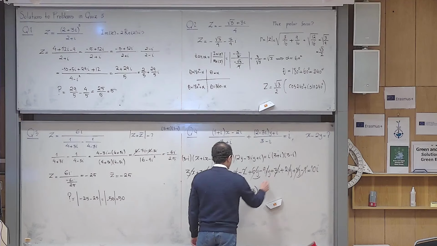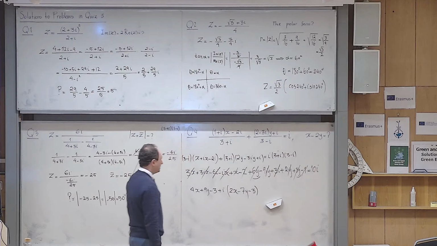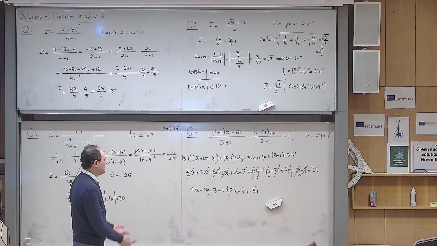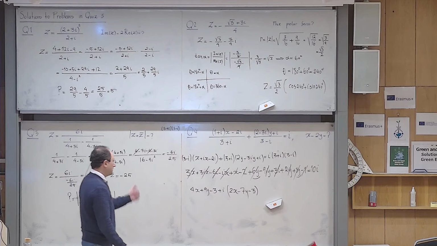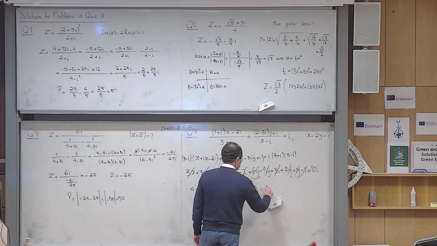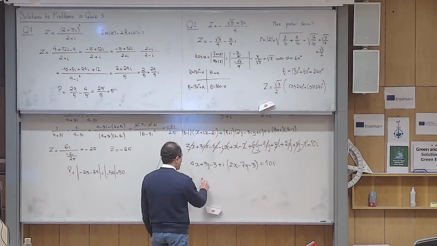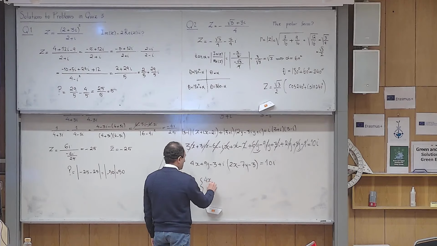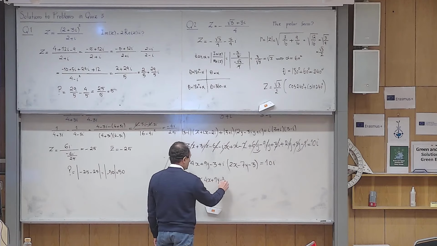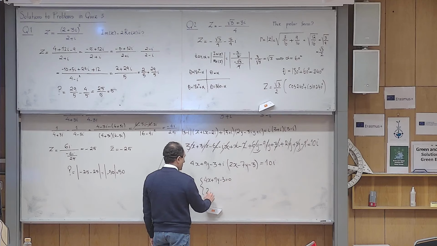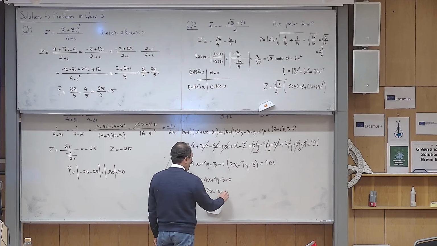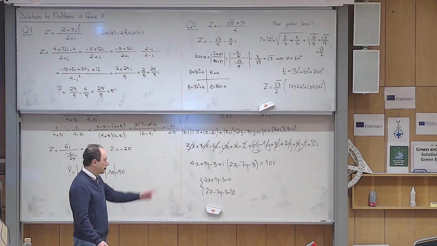This is also considered. You see, it was boring, but it was doable. And then it is equal to 10i. Then I get a system. The system is 4x plus 9y minus 3 should be 0, and 2x minus 7y minus 3 should be 10. And I need to solve the system.